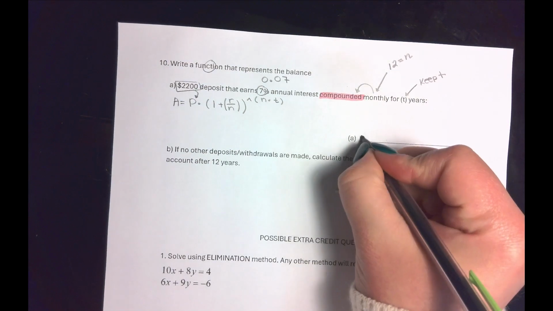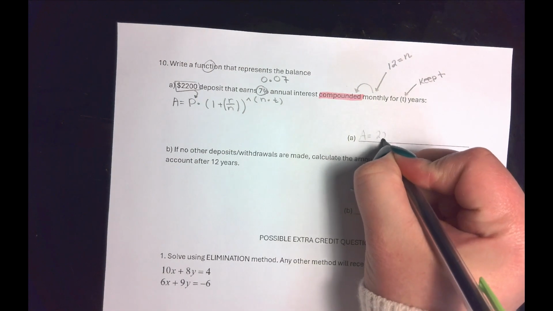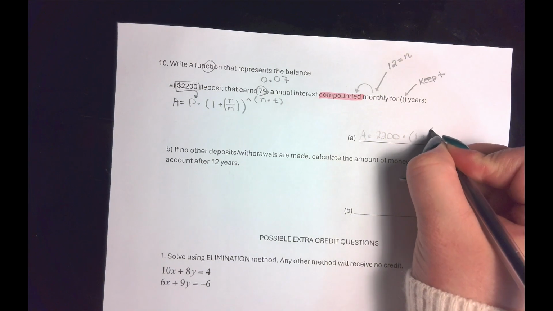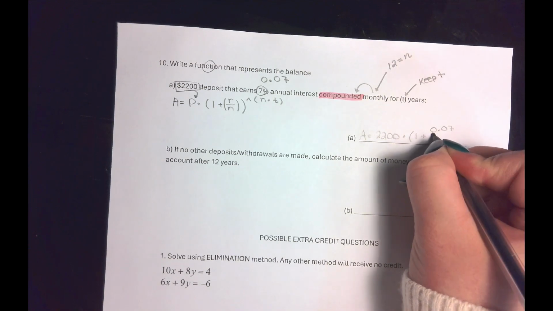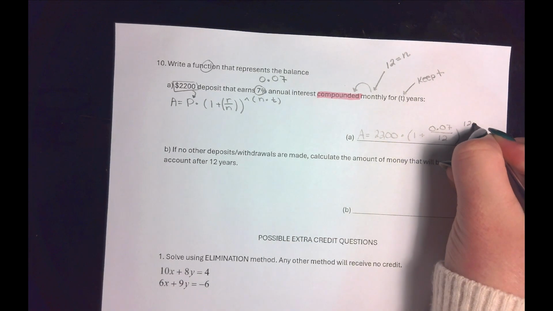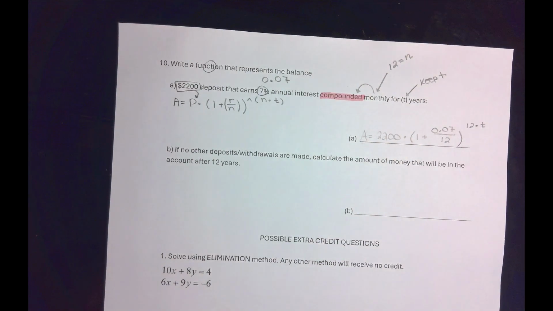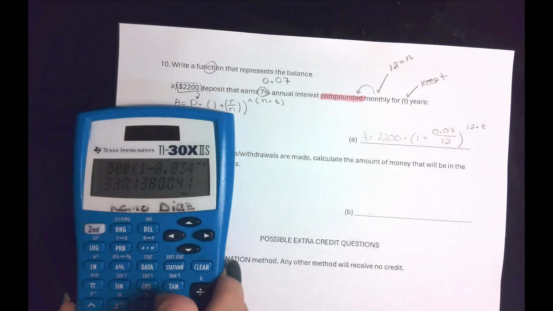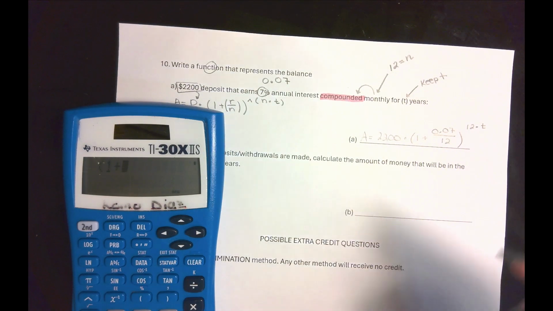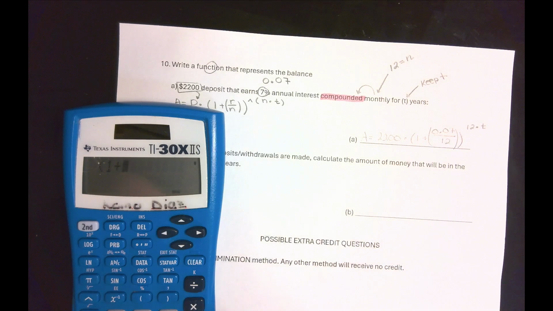So let's keep it as A equals $2,200 times 1 plus our rate of 0.07 divided by 12, raised to the power of 12 times T. Now they do want us to keep it as T. Again, I am okay if you leave it like this, but to be more accurate, we want to type this into the calculator.